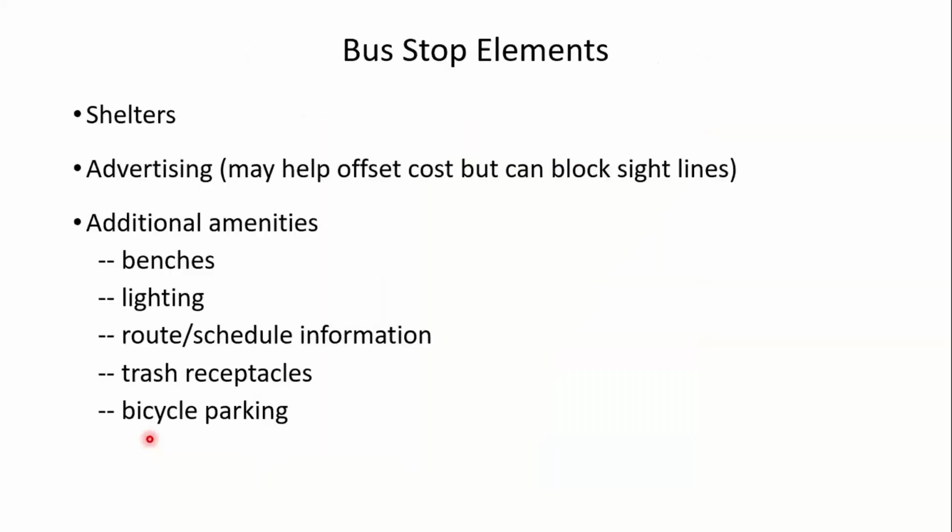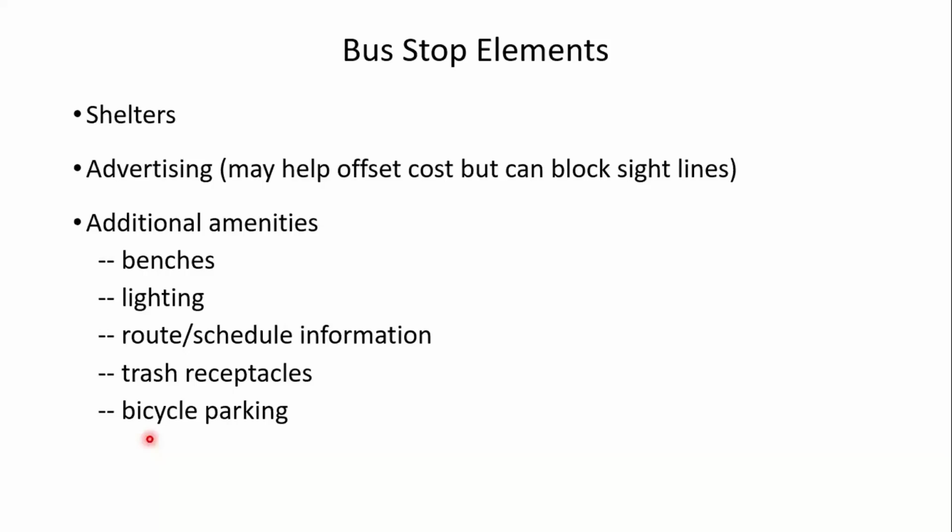I mentioned briefly some of the elements of a bus stop. The shelters, again, those are not required, but if you have them, then they need to comply with the ADA requirements.